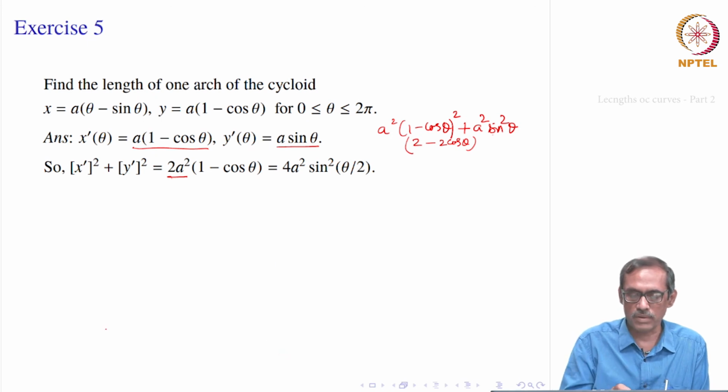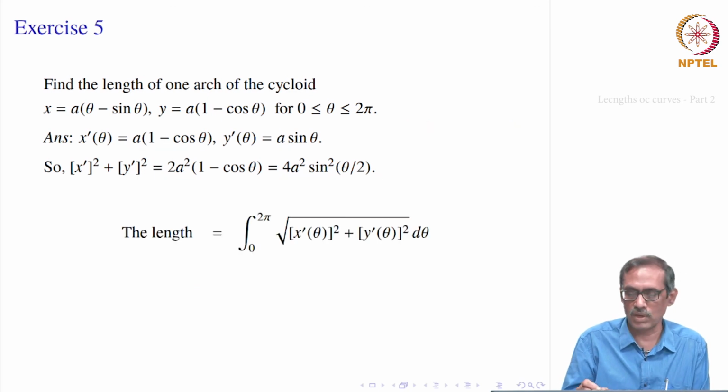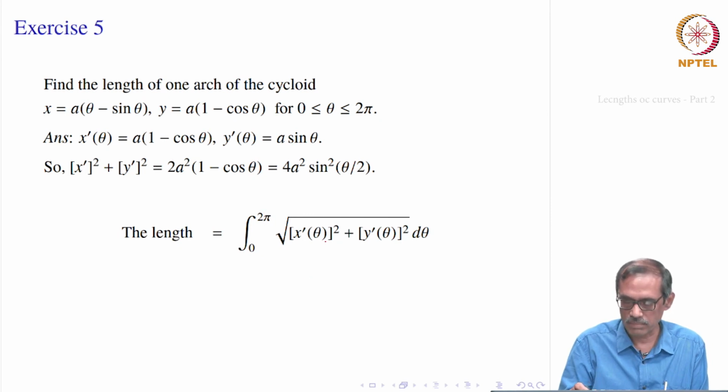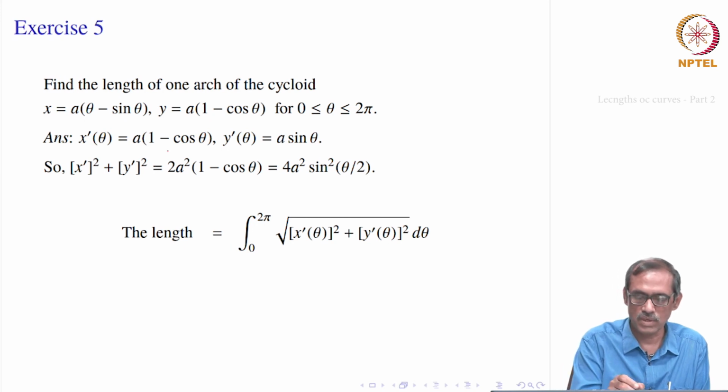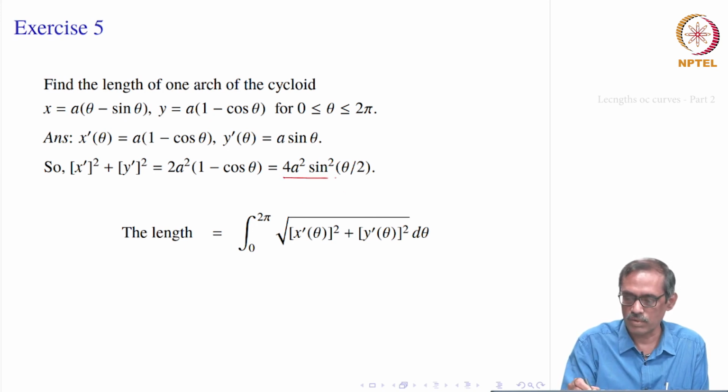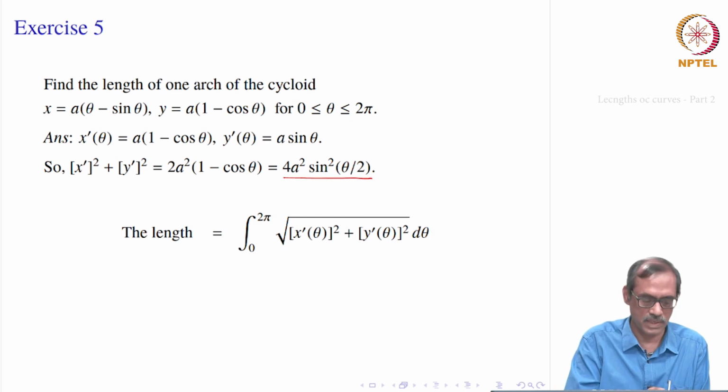We need its square root. So, better we express in terms of squares. So, that is 4a square into sin square theta by 2. Therefore, the length will be equal to the integral from 0 to 2 pi of the square root of x prime theta square plus y prime theta square, which we have already computed as 4a square sin square theta by 2.